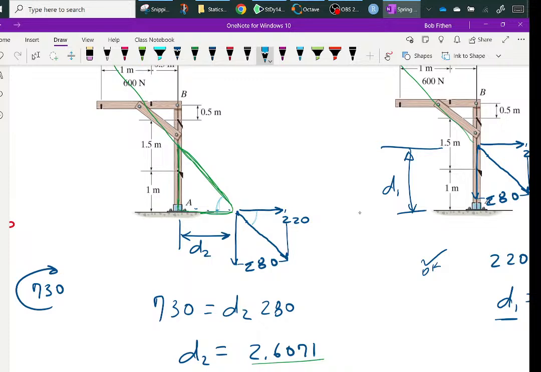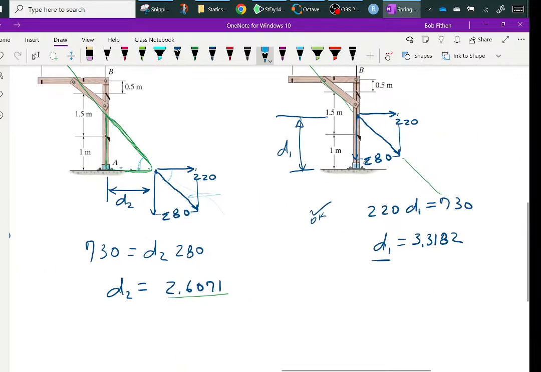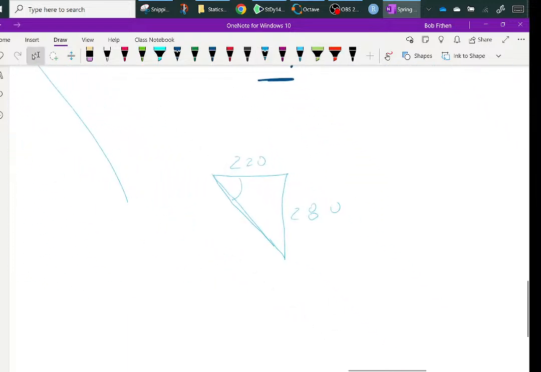So if I've got a triangle that is like so, and it's 220 and 280, we'll just call that angle theta.